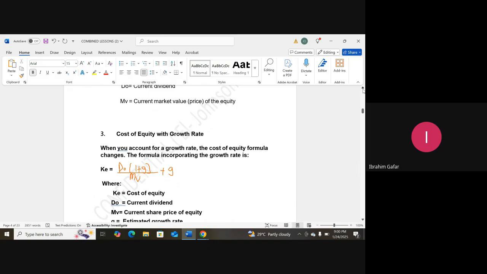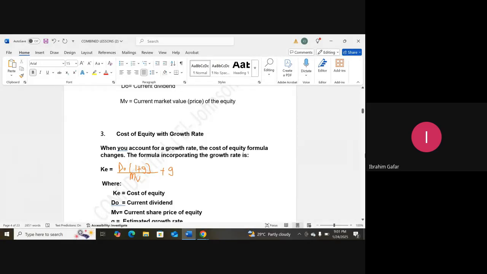We also discussed the methods that we are going to use to get the cost of capital, where we mentioned the dividend valuation model and also the capital asset pricing model. I think we are still under the dividend valuation model, where I explained that the cost of capital can be calculated using the growth rate and also without the growth rate.